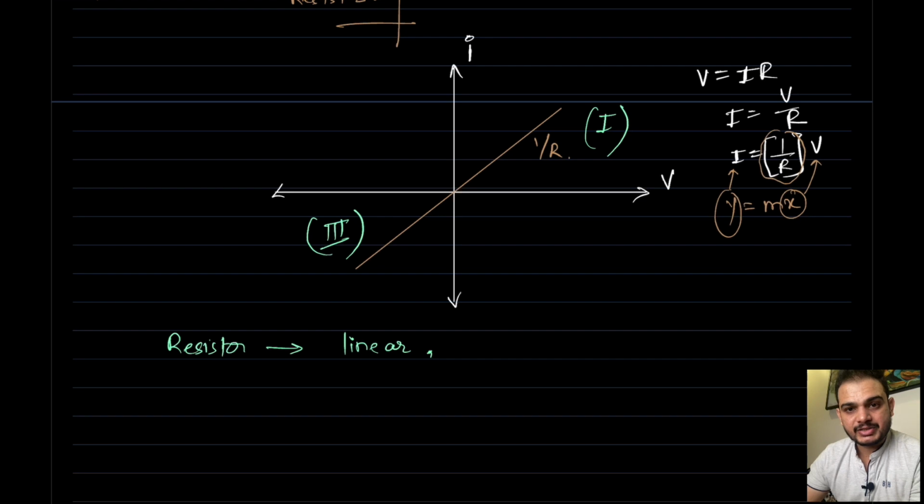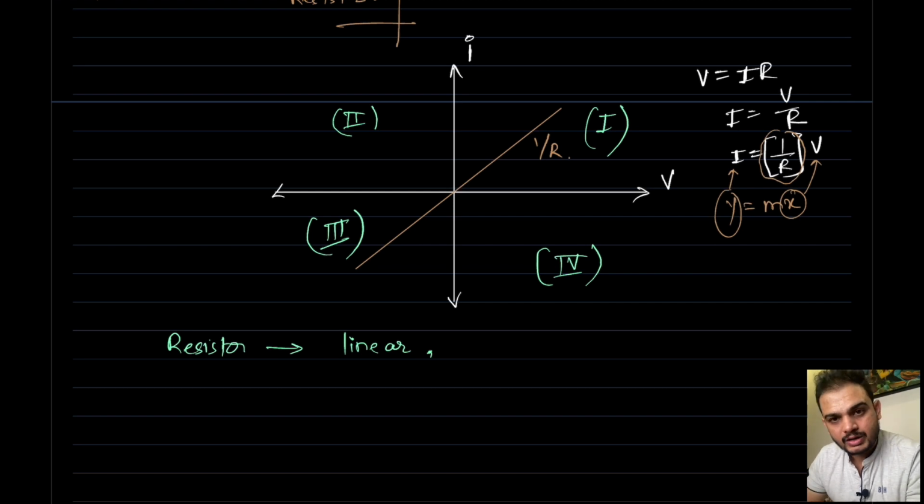Whichever element's characteristic falls between the second and fourth quadrant is considered a source element, or active element. Here the resistor characteristic falls in the first and third quadrant. That's why the resistor is considered a passive element.